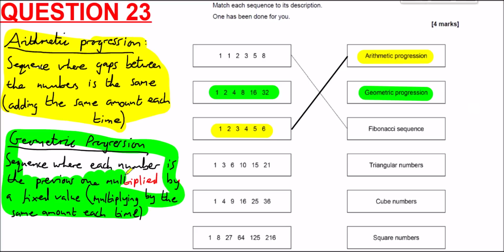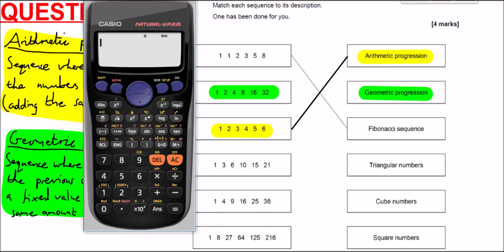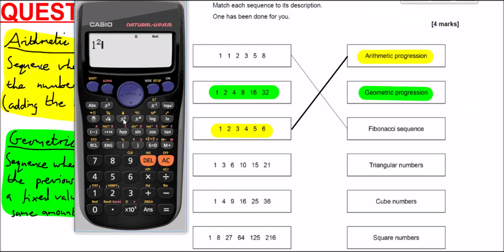Now, square and cube numbers should be the easiest ones. Squares and cubes should be the numbers you see each time you're in a math lesson, or most math lessons anyway. So, square numbers, we can generate with a calculator if you forget them. 1 squared, the first one is 1. The next square number is 2 squared, which is 4.